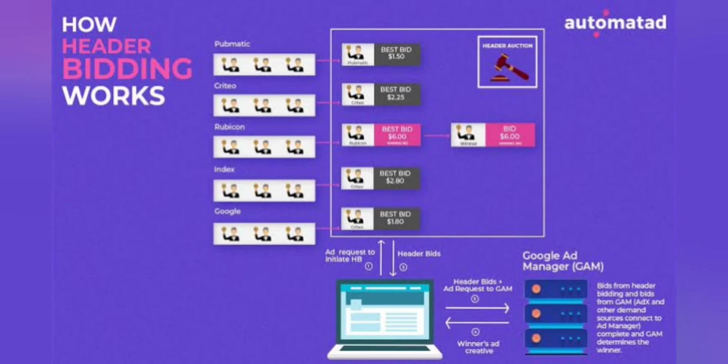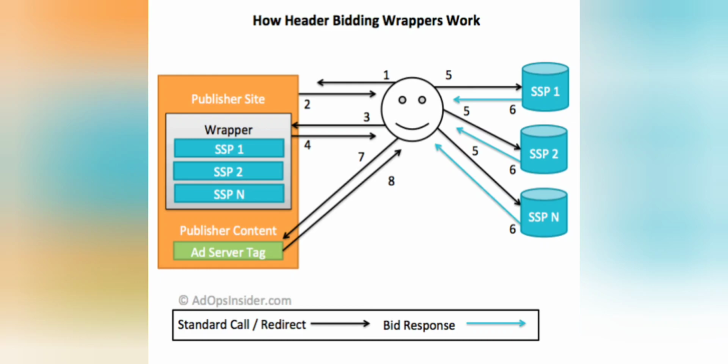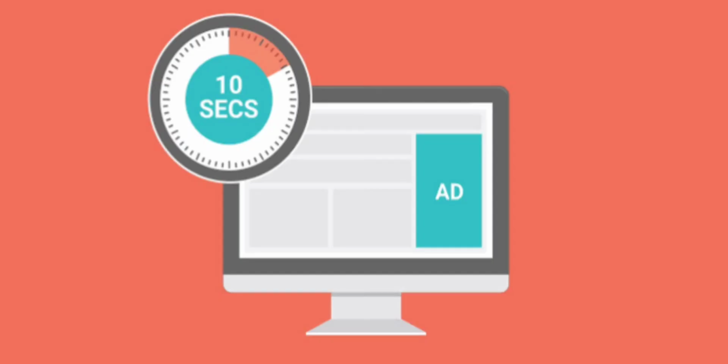Instead of selling your inventory to the biggest exchanges, which was traditionally done using the waterfall model of ad selling, you sell your space to the highest bidding exchange. Switching to header bidding from waterfall will also reduce ad loading times, increasing ad viewability and effectiveness.